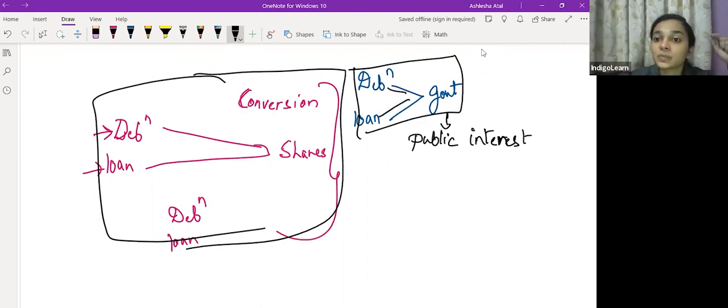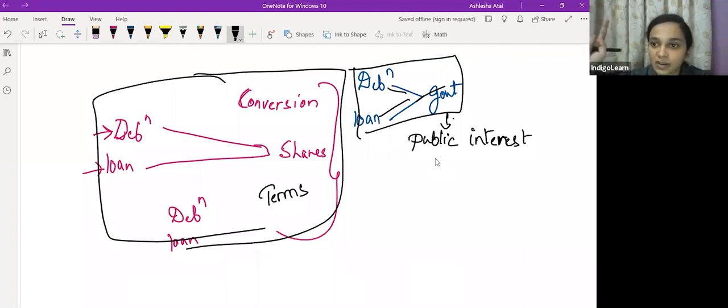So यहाँ पे जब conversion हो रहा है तो उस situation में government thinks it is necessary in public interest और conversion हो रहा है, तो this type of conversion is allowed, this type of conversion will be valid even if that was not a part of the terms and conditions of the agreement under which the debentures or the loan was raised.